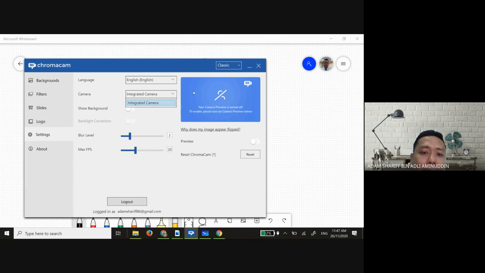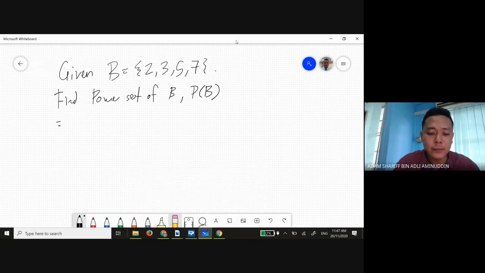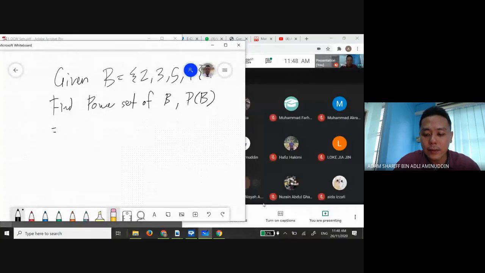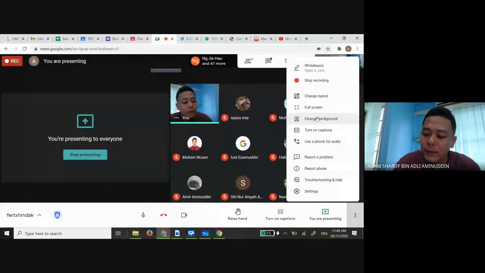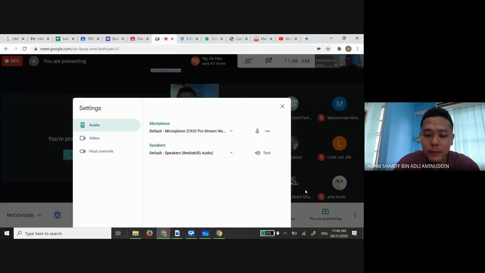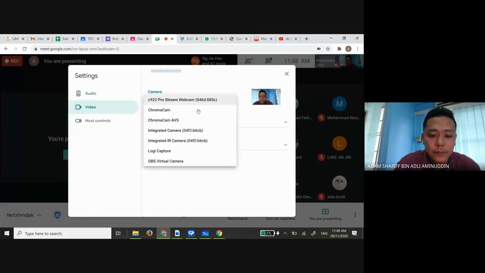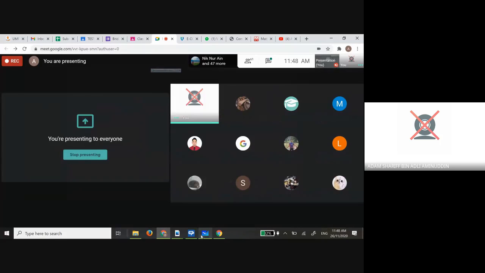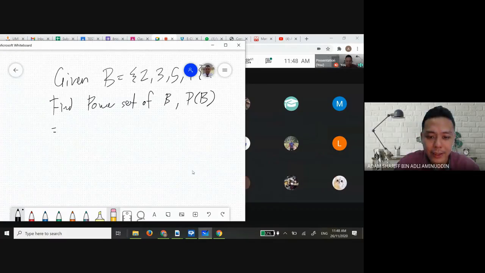Sekejap. Tak detect. Sekejap cuba tengok ni.